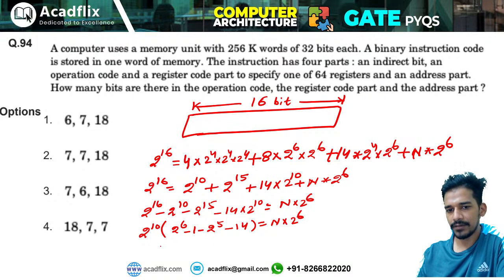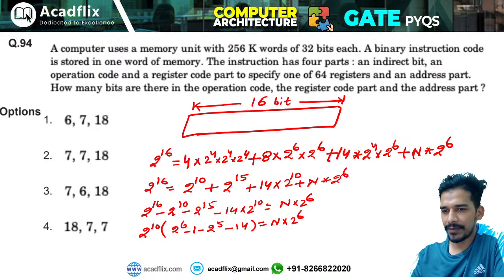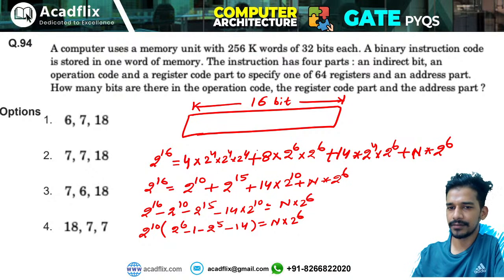And this will come out to be 2 to the power 10 times 2 to the power 4 divided by 2 to the power 6. So this will come out to be 2 to the power 4.